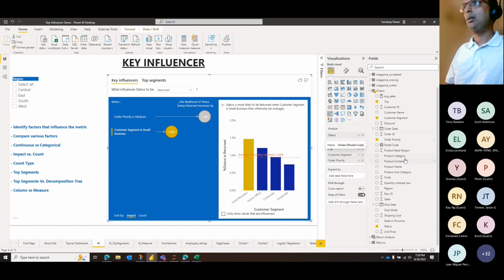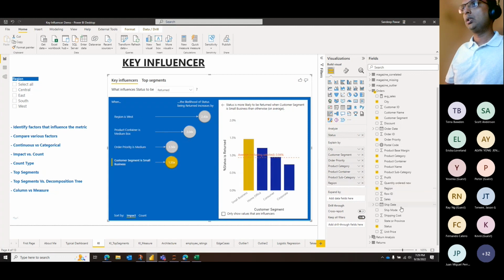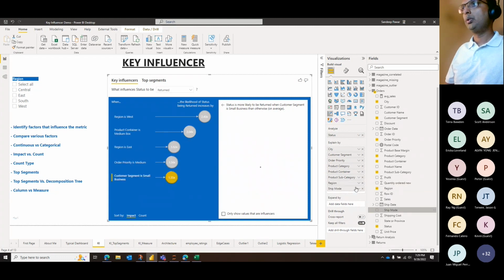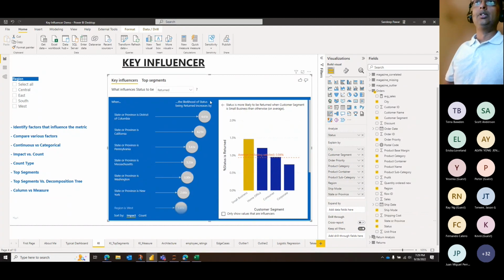Let's go next by a product category and then product container, maybe. I don't know what product container is, but then product subcategory. Let's say region, and then maybe shipping mode, state or province. That would be good to know. So it did something, and it created a nice looking visual for us.